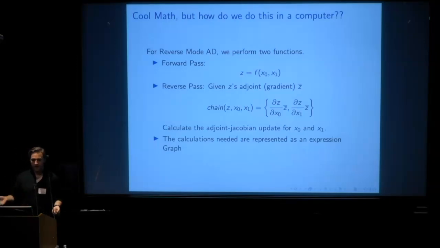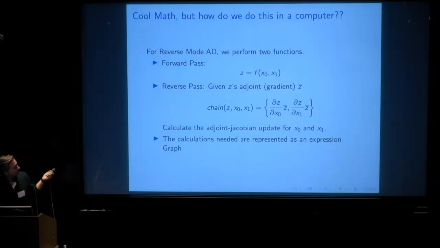And then we need a reverse pass where we have a chain function given z, x0, and x1 that can compute the partial with respect to x0 times z's gradient, and the partial with respect to x1 times z's gradient as well. That's just the adjoint. We call it the adjoint Jacobian update for x0 and x1.